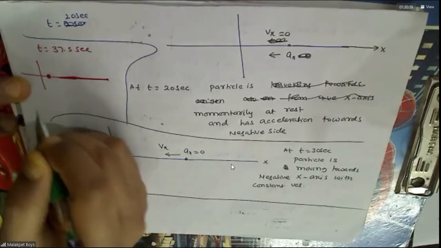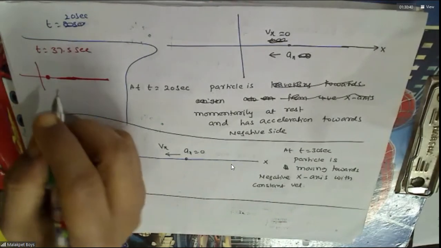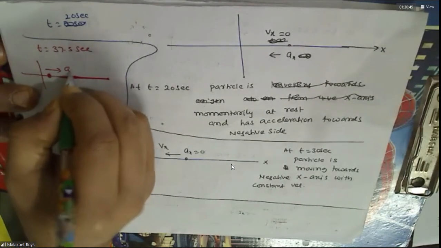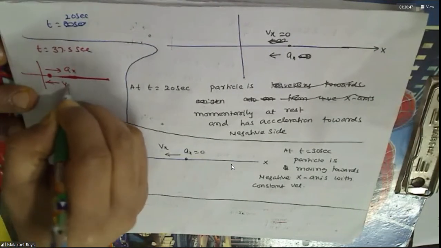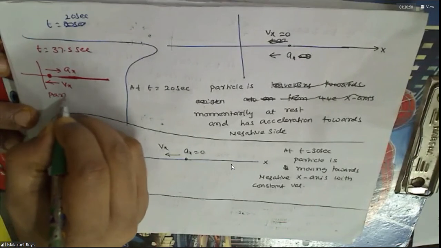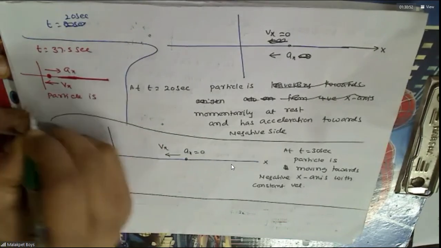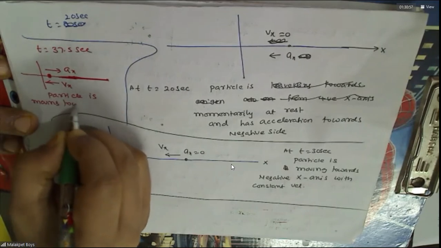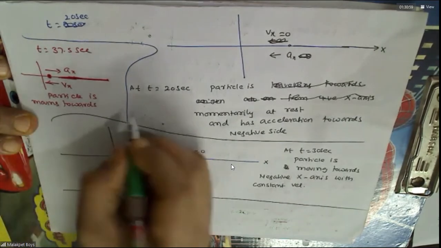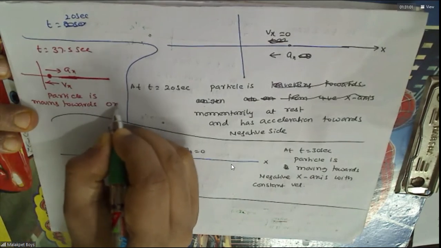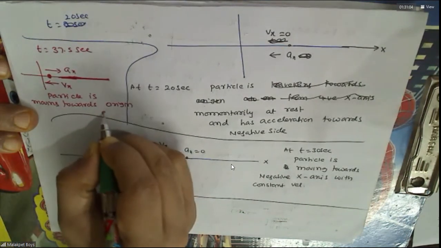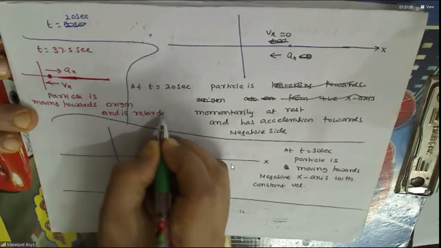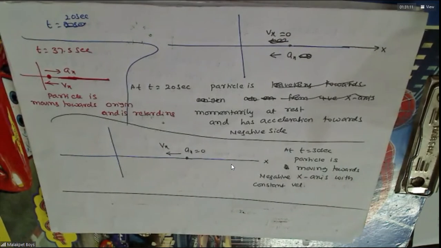It is almost nearer to the origin. And what is the velocity and acceleration? Acceleration is this side, velocity is this side. That means the particle is retarding now. Agreed. What's the reason? Because acceleration and velocity are in opposite directions.